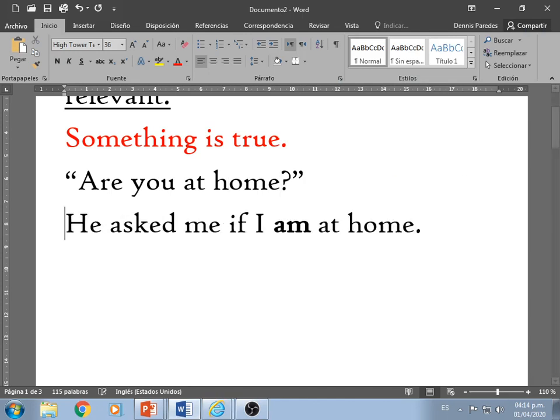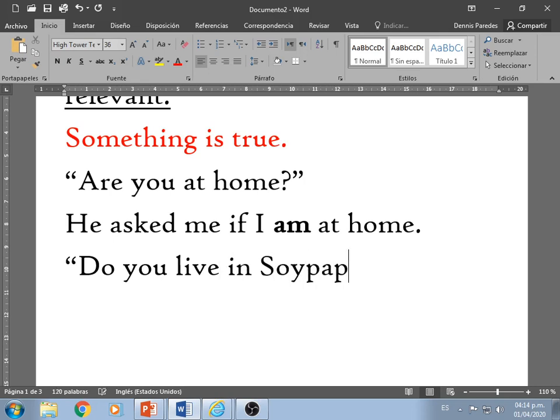So what if I have the following? Do you live in Soyapango? Even though the information is not true that you live in Soyapango, I'm asking for something that might be true or not.